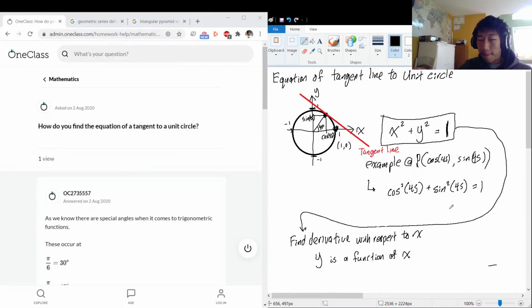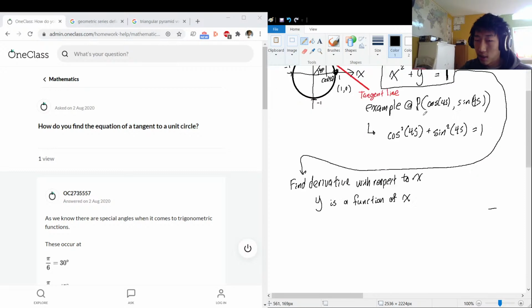Meaning that when we take the derivative with respect to x of y, not only are we going to have just y by itself, we're also going to need to use the chain rule, because y is a function of x.